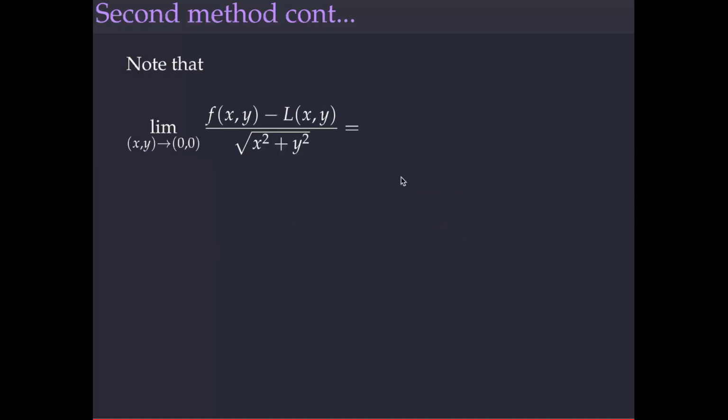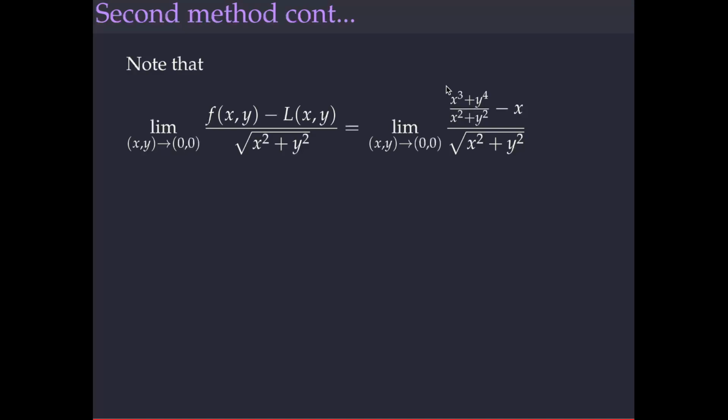So let's compute this limit. What is f(x,y) minus L(x,y)? f(x,y) was x cube plus y4 by (x square plus y square) to the power 3 by 2, and L(x,y) was x. I have just substituted the values of f(x,y) and L(x,y).